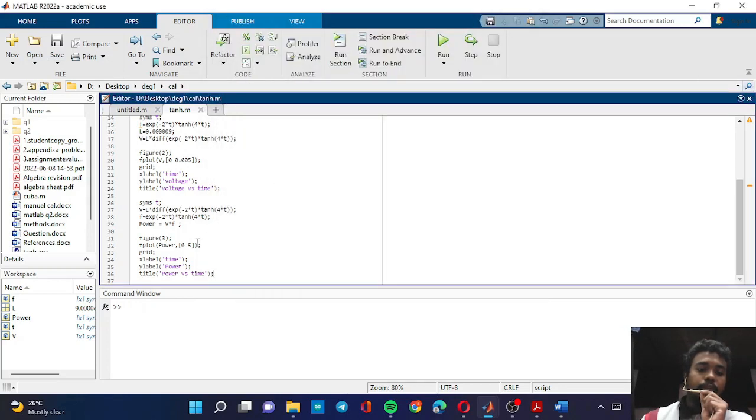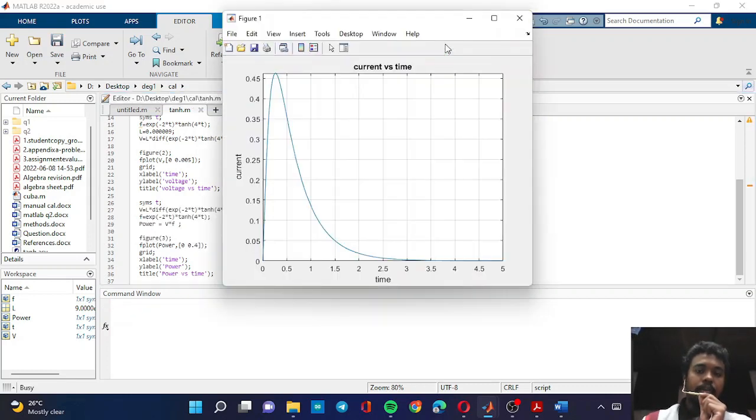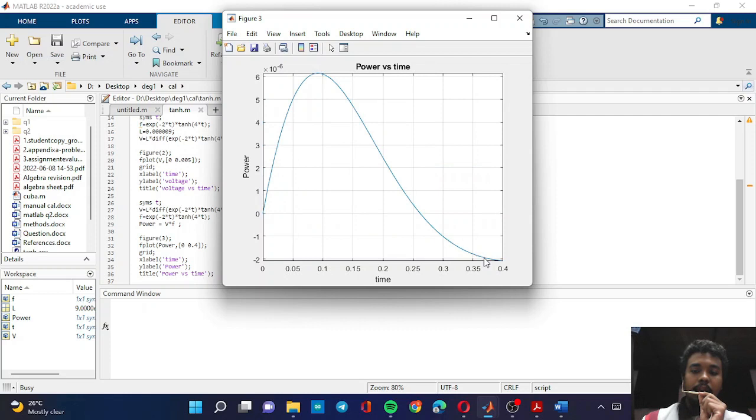And then it asks to find the power when t equals 0.4 second. So I press run to see it on the graph, and I get that when the time is 0.4, the power becomes negative 2.0787 e negative 6.